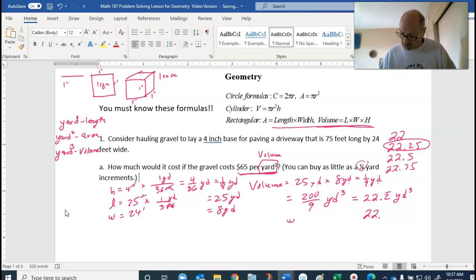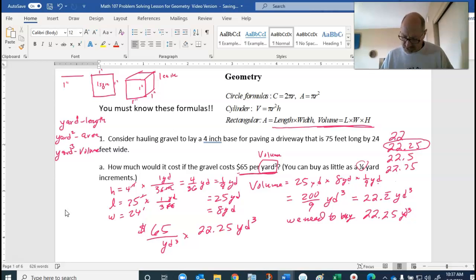So we need to buy 22.25 cubic yards. It's $65 per cubic yard, and we multiply that by 22.25 cubic yards.